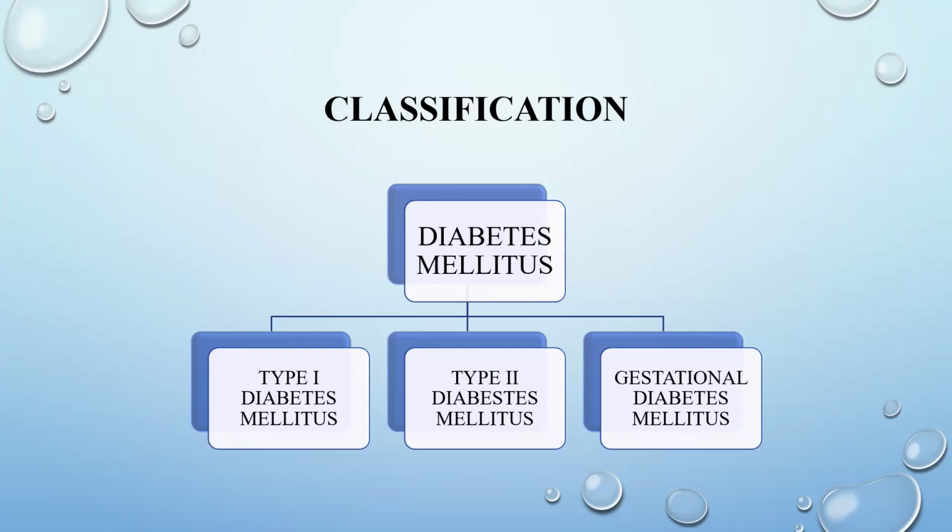As far as the classification of diabetes is concerned, it is very important from the preventive point of view that we correctly classify diabetes. Diabetes type 1, type 2, gestational, and we also have the secondary diabetes, and the maturity onset diabetes of the young, especially in areas in the East, Pakistan and Southeast Asia.